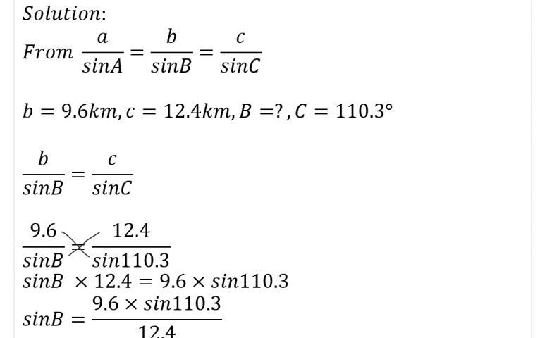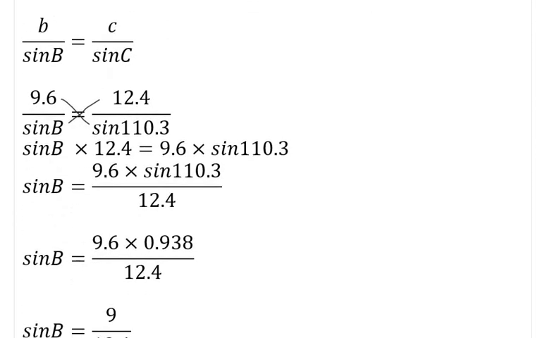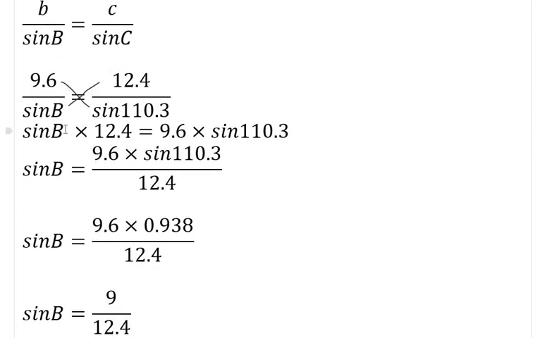So for us to make sine B the subject of our relation, look at it. You just multiply both sides by 12.4 so that sine B can stand alone. If you multiply here by 12.4, here by 12.4, the 12.4 will cancel out, so sine B will stand alone. So we now have 9.6 sine 110.3 all over 12.4.